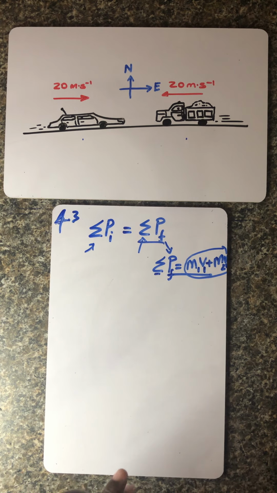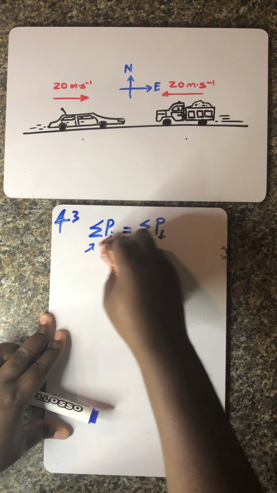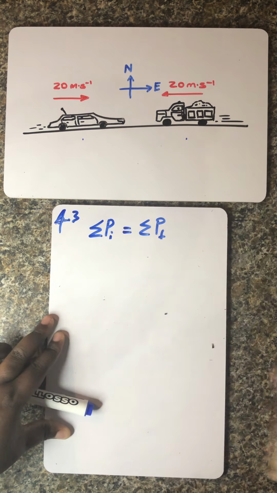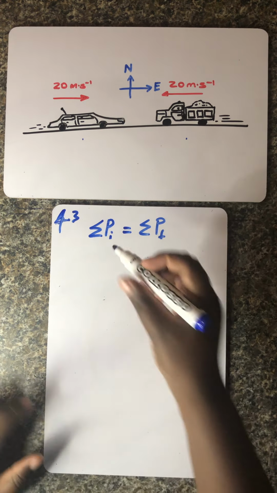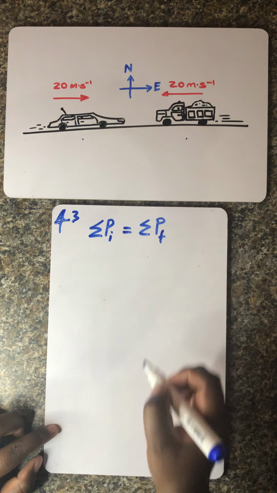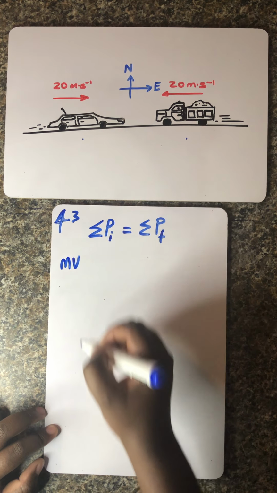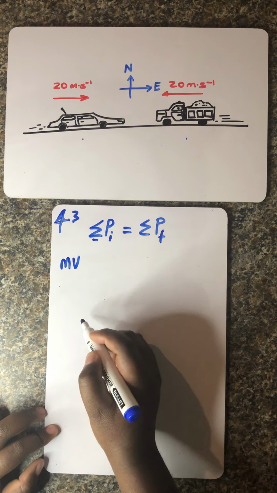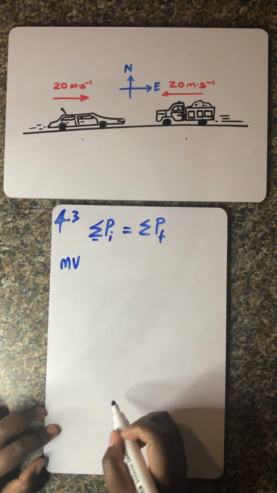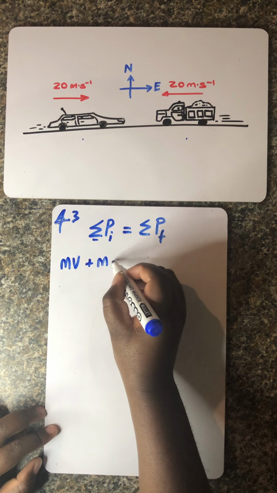Very, very important, ladies and gentlemen, that you understand this formula. So now I'm just quickly going to expand it such that it suits the scenario that we're given. Obviously we know momentum is mv, and the sum means we now need to add for these two objects, so plus mv.